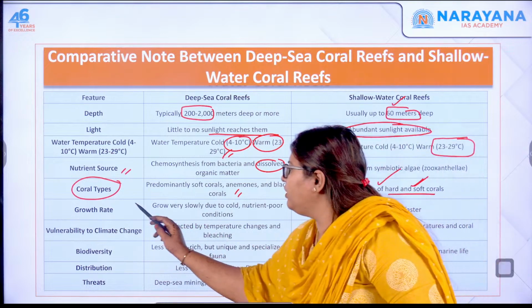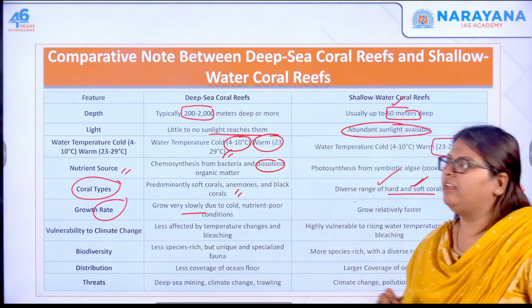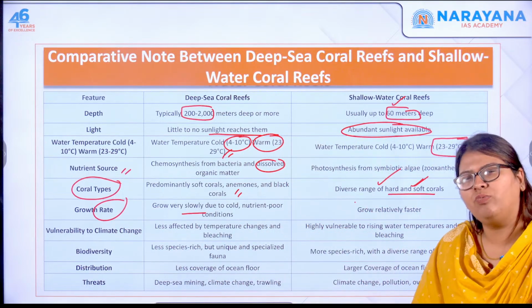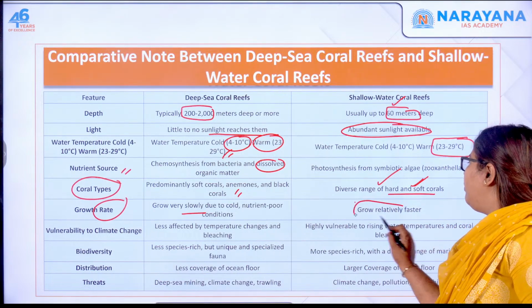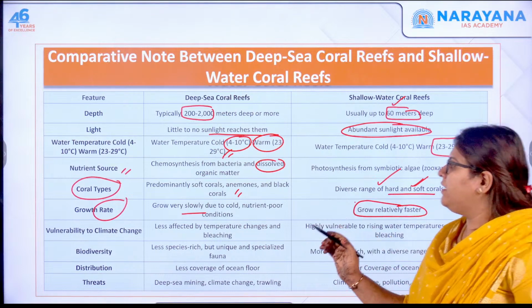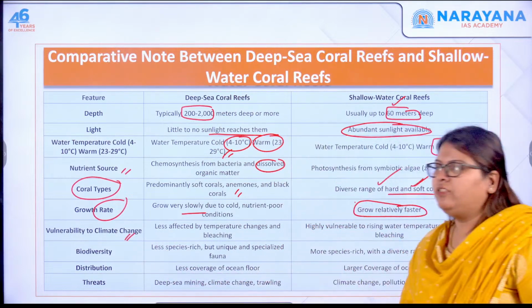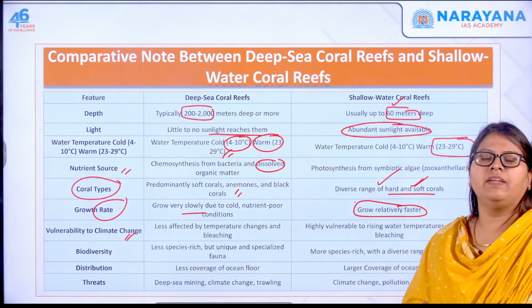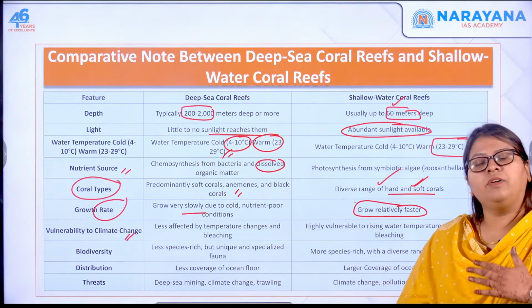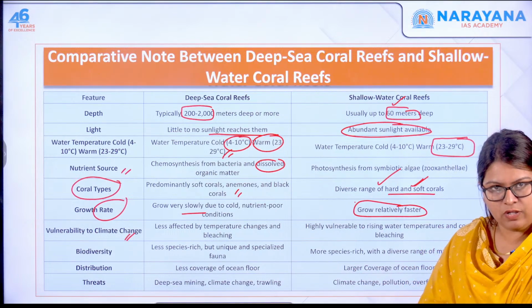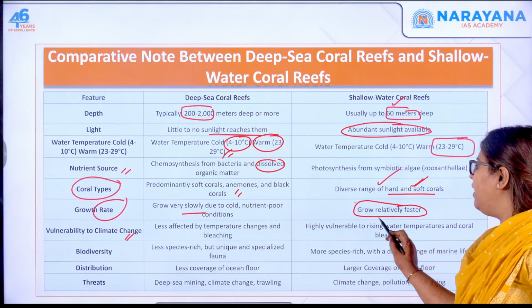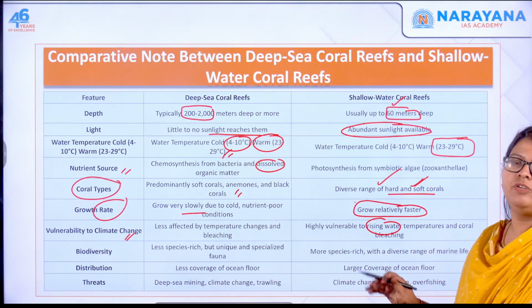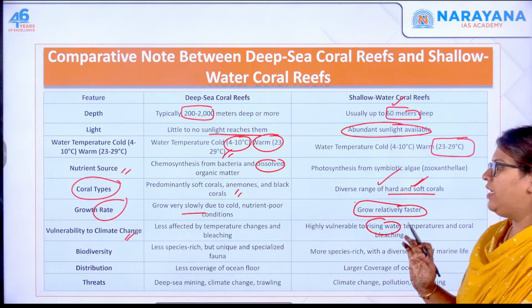Next one, the growth rate. They grow very slowly because of nutrient poor conditions, because of absence of sunlight, etc. Whereas here they grow relatively faster. Next one, vulnerability to climate change. Here they are less affected by the changes in the temperature of water because they can withstand extreme temperatures also, and the bleaching events are very rare. But here they are highly vulnerable to the rising water temperature and the bleaching instances.